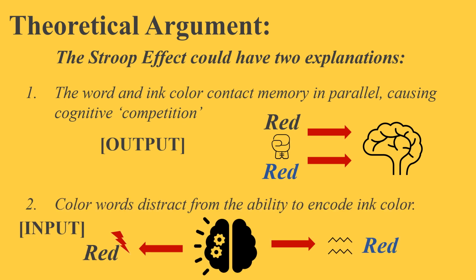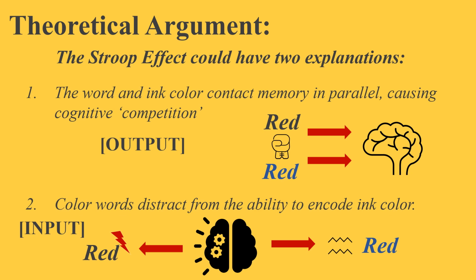One is that the word and the ink color, when they get into your memory in parallel, cause some kind of competition or interference or cognitive competition, and that results in slower reaction time. Or it can be that color words distract from the ability to encode the ink color.